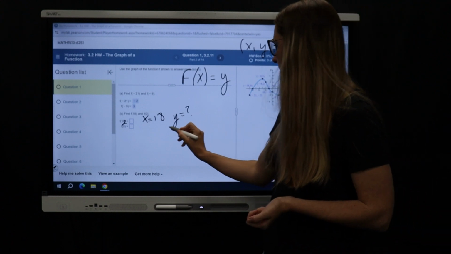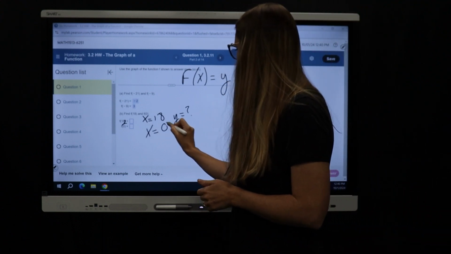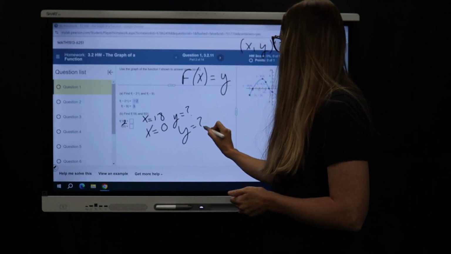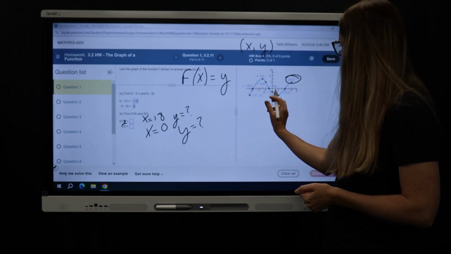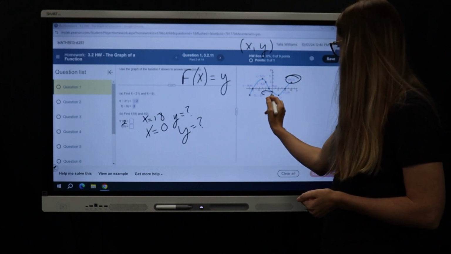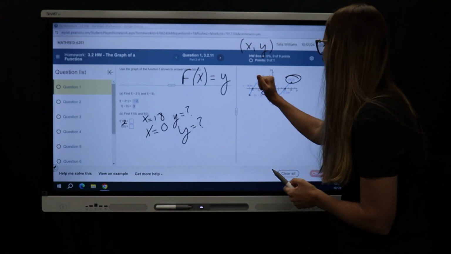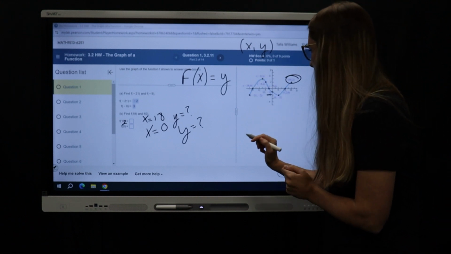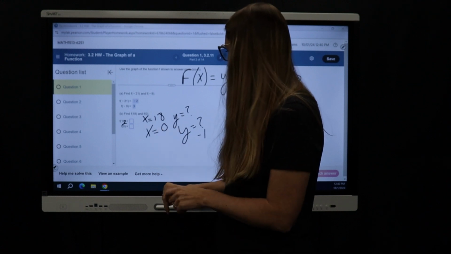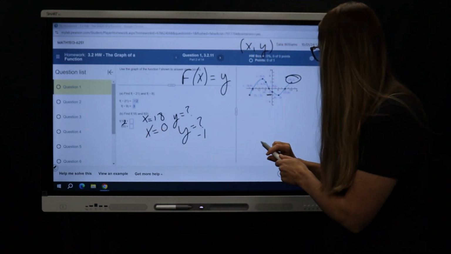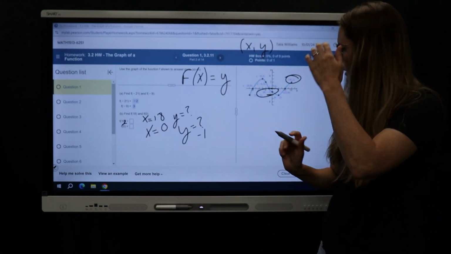And then it's x is 0. What is y? So when x is 0, right there is x is 0, because the first one's 0. Y is negative 1. So our answer is going to be 2 and negative 1 because of these two points.